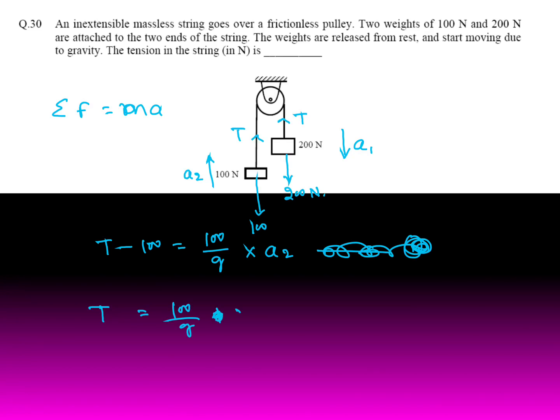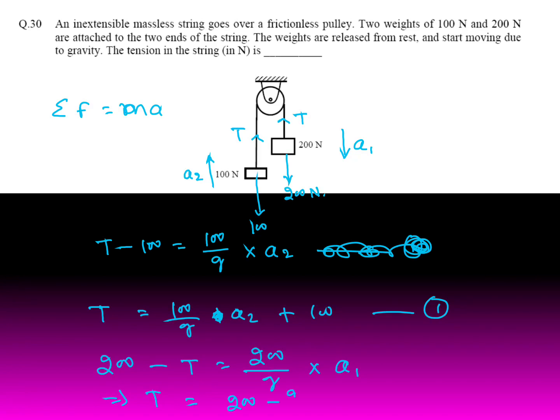Then for the second body, moving downward, 200 minus T equals 200 by g into A1, weight divided by acceleration due to gravity is mass. Here also T equals 200 minus 200 by g into A1. This is equation 2.